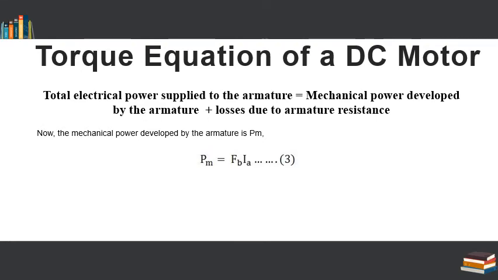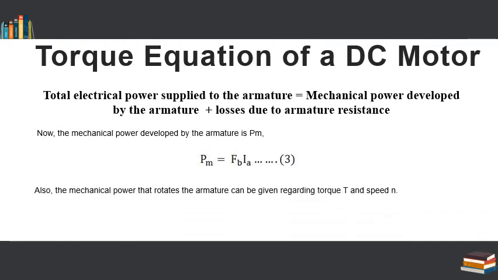Also, the mechanical power that rotates the armature can be given in terms of torque T and speed N. So mechanical power Pm is equal to omega into T. We know that omega is equal to 2 pi n. Put the value of omega, so it is equal to 2 pi n into T. This is equation number 4.